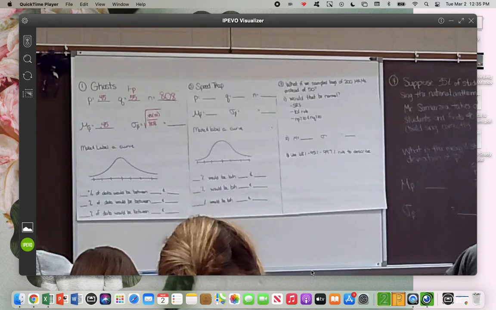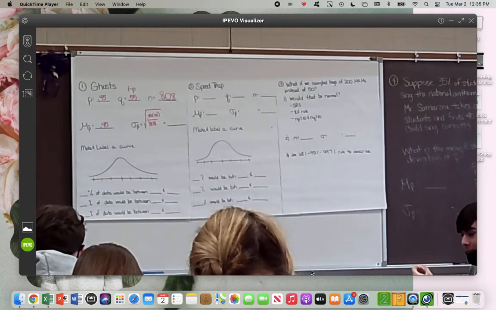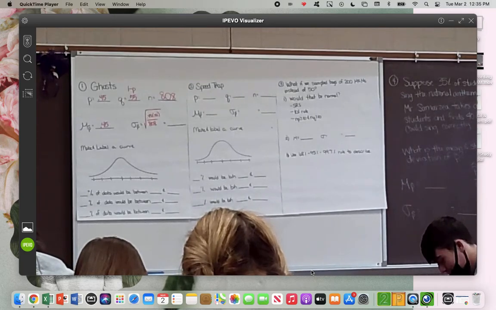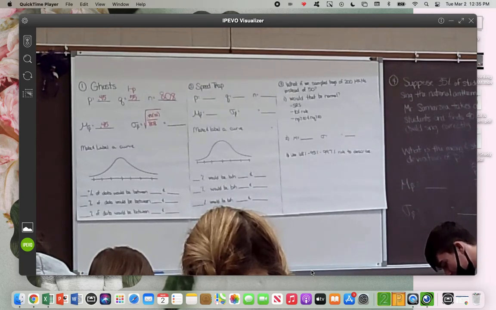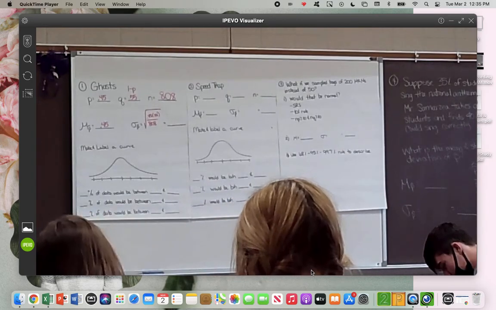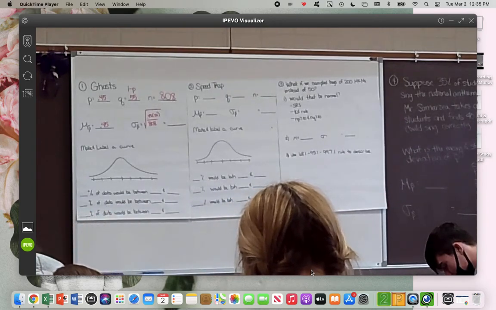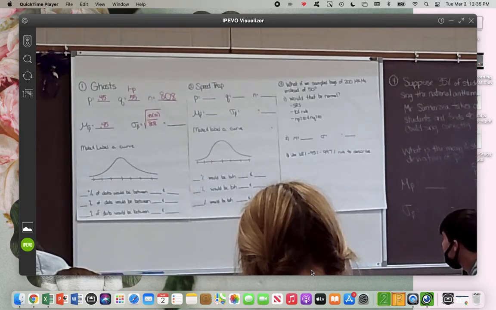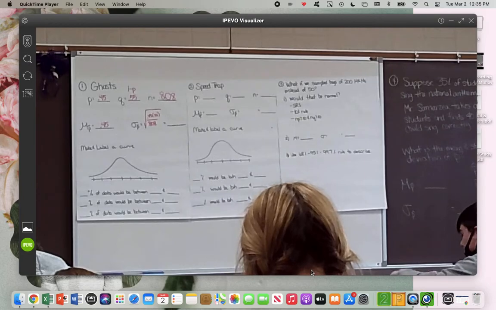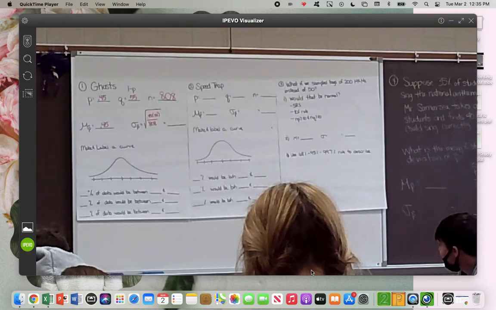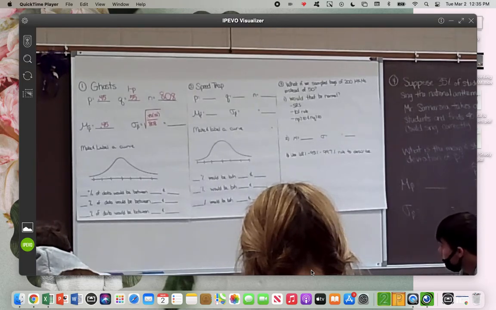It knows order of operations. So when you type this in, you simply type in the square root, then 0.45 times 0.55 divided by 808, and it gives you the standard deviation. We're going to round to the nearest thousandth. So if we divide that, what do we get?